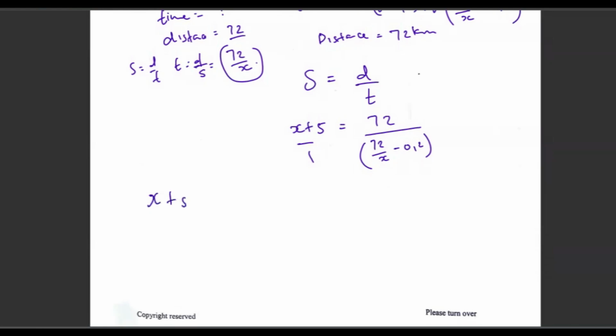I'll have x plus 5, multiplying it by 72 over x minus 0.2 is equal to 72. So x and 72 over x is just going to give us a 72, minus 0.2x. What's 72 times 5? That is a 360.